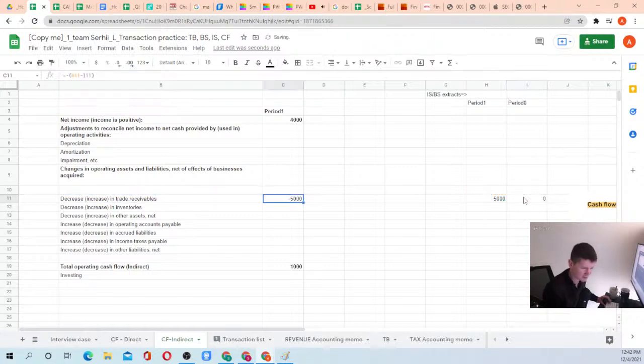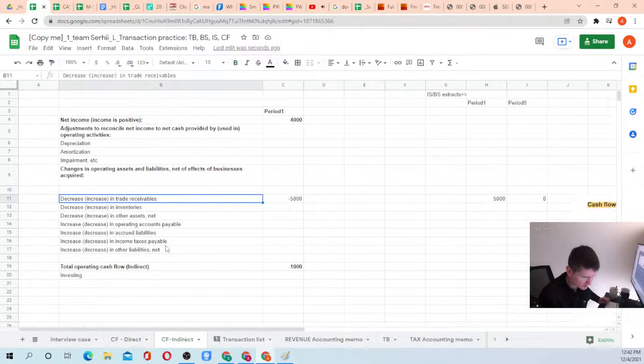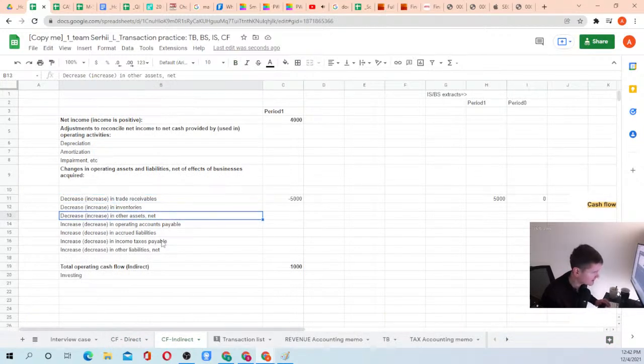Okay, so we got that effect from trade receivables. Now let's see what we have in our trial balance. What more? So we ignore cash for that exercise. We have other accounts receivable. Let's go here, and we have other assets and liabilities.